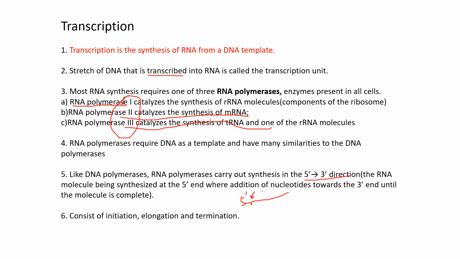Then you keep on adding nucleotides, and the 3' end is over here. Let's say it wants to grow, so another nucleotide is added here. Now you tell me, where is the nucleotide being added? It is towards the 3' end. That's why it's towards the 3' end, until it forms a complete molecule.